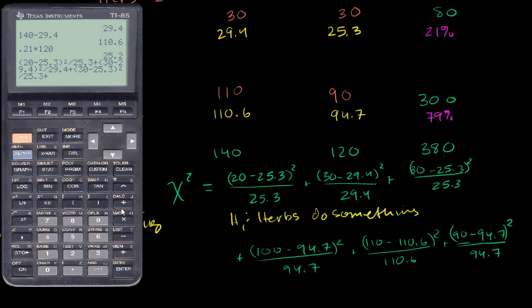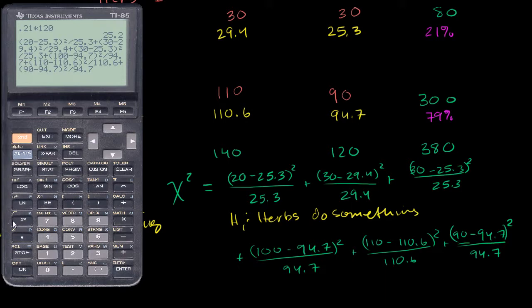Halfway there. Plus 100, open parentheses. This is the tedious part. 100 minus 94.7 squared divided by 94.7, plus 110 minus 110.6 squared divided by 110.6. We can do a lot of these in our head, but let me just do it. And then the last one, home stretch, assuming we haven't made any mistakes: 90 minus 94.7 squared divided by 94.7.